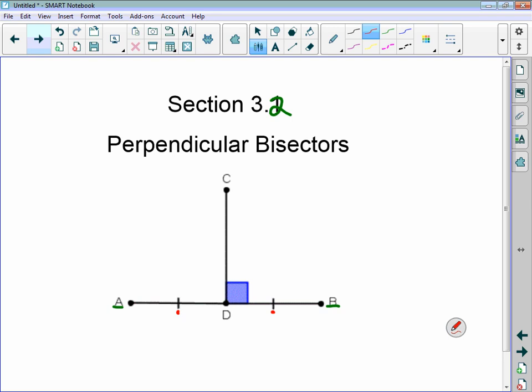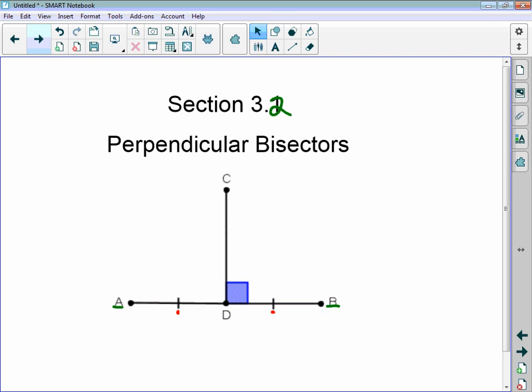So line CD is a perpendicular line cutting line AB exactly in half. Bisect means to cut something in half, into two equal parts. So this section is all about being able to draw not just a perpendicular line, but a perpendicular bisector.